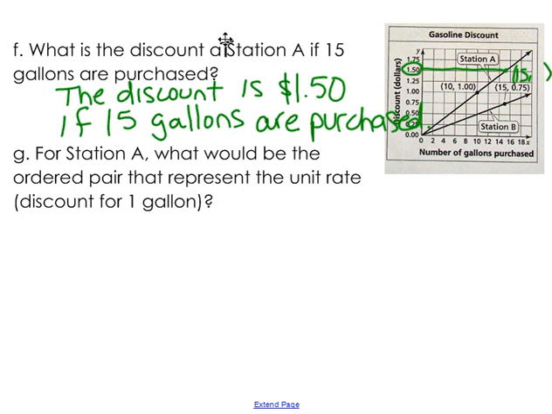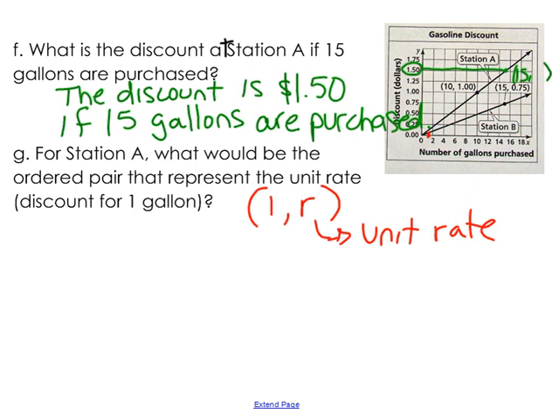Part G, for station A, what would be the ordered pair that represents the unit rate or the discount for 1 gallon? So remember, our unit rate is always going to be this point 1 comma R, where R represents the unit rate. So at station A, I'm looking at this point right here.